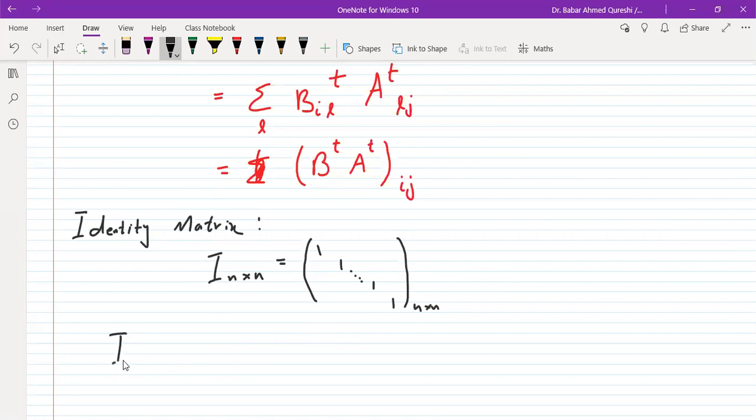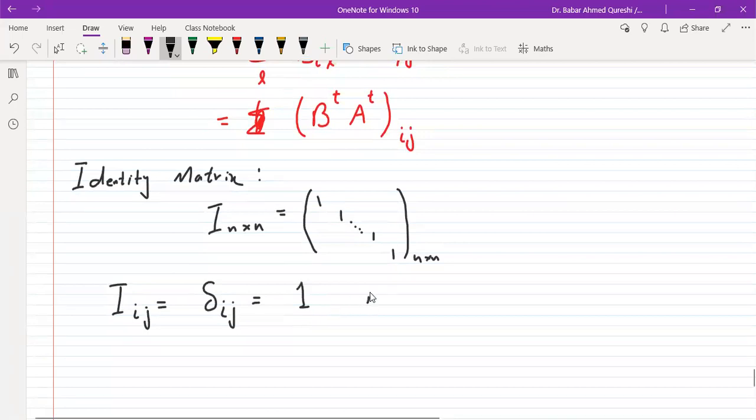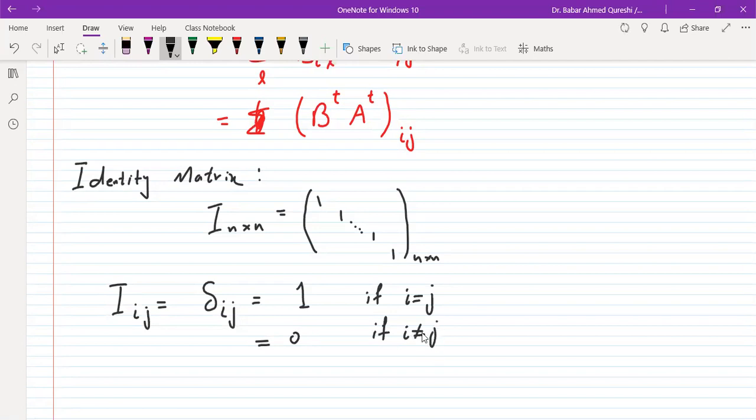The components of this matrix you write with this symbol. This is called the Kronecker delta. This symbol just means you get a 1 if i is equal to j, and you get a 0 if i is not equal to j. So if you are on the diagonal, like second row, second column, you get a 1. If you have 2,3, you're off diagonal, then you have a 0.